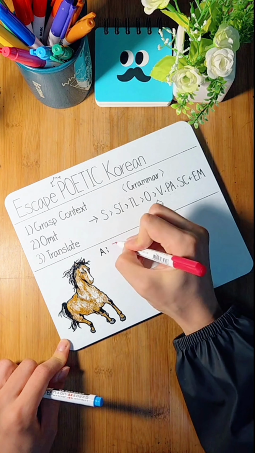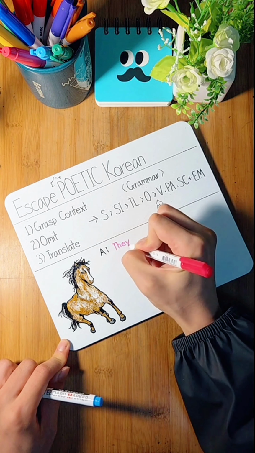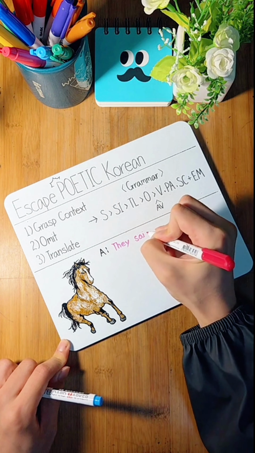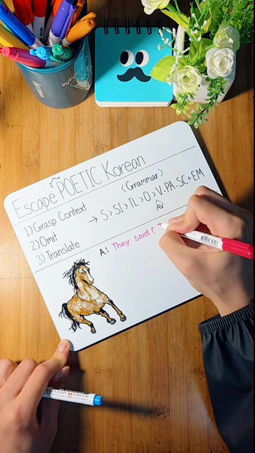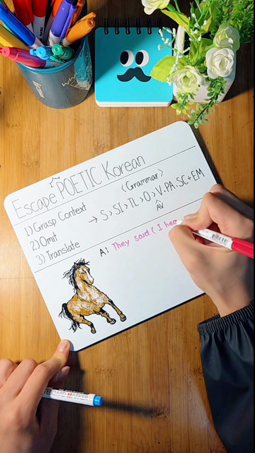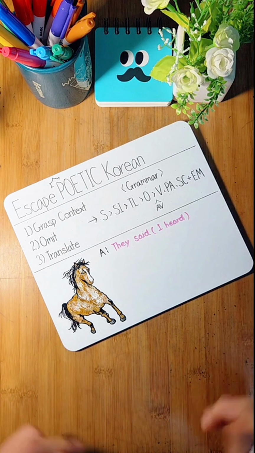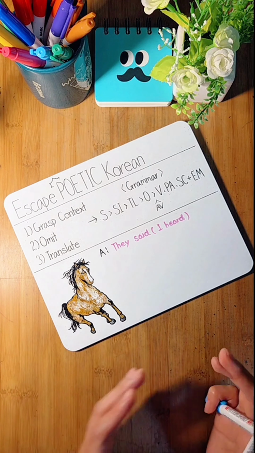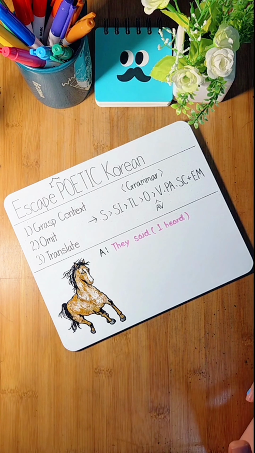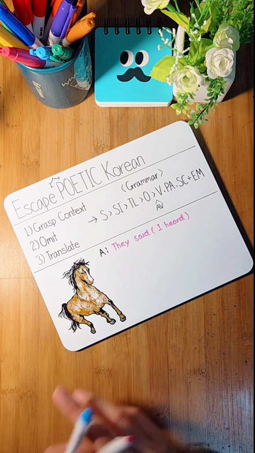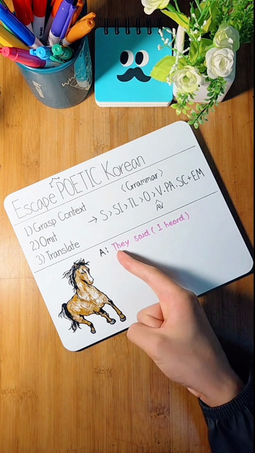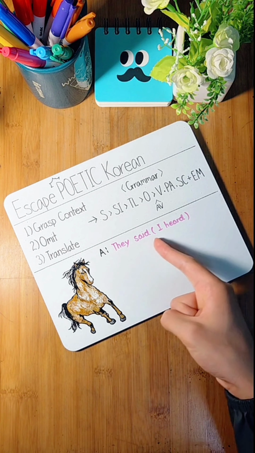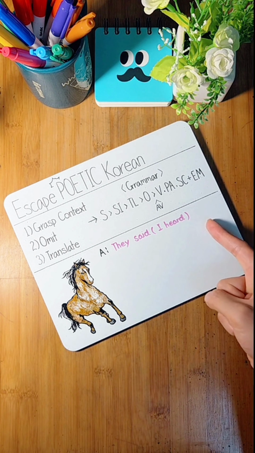They said, in other words, of course the medical team, in other words, I heard. So today we're going to use, it's been a while, right? We're going to use reported speech when I am relaying information to someone that a third person told me. So, in other words, when you're saying, someone told me, someone said to me, or I heard.